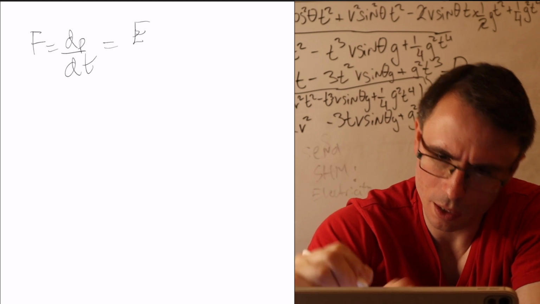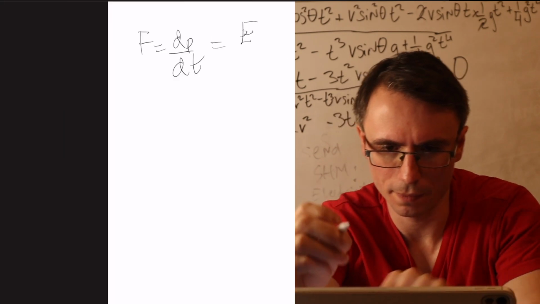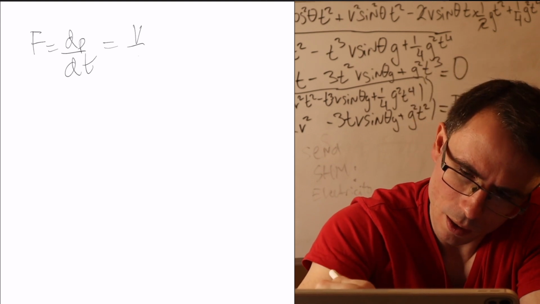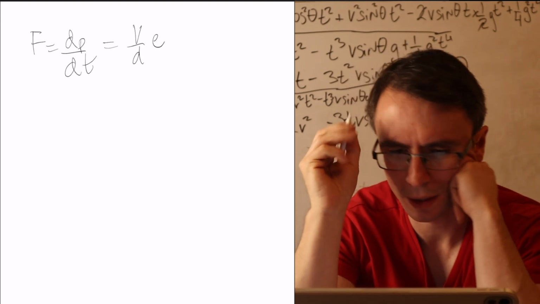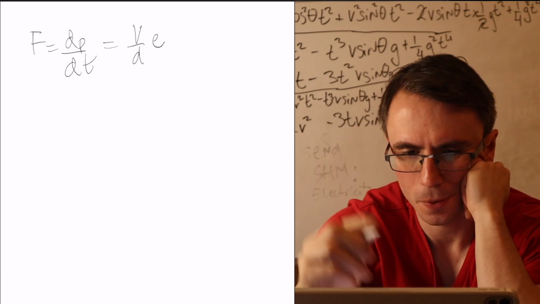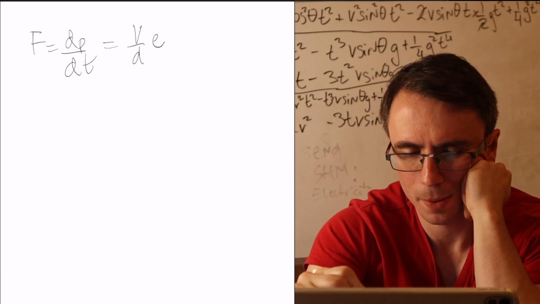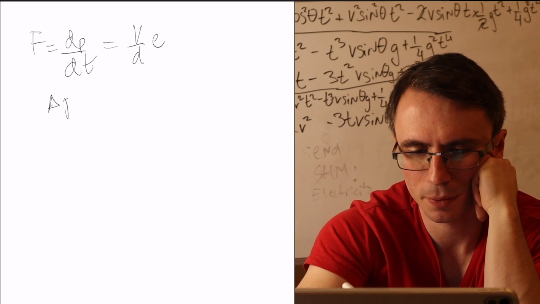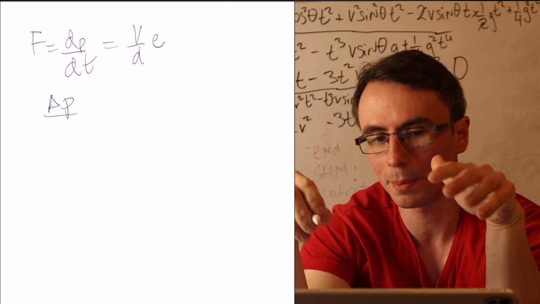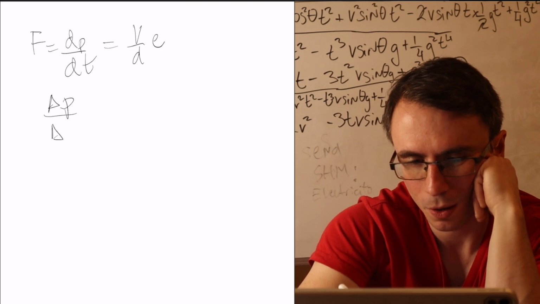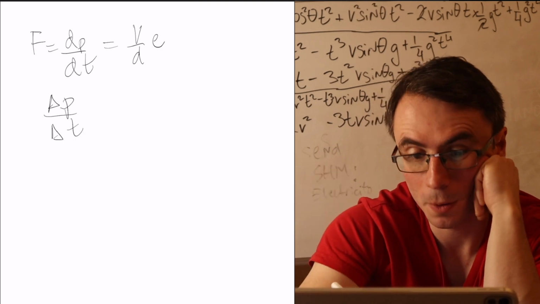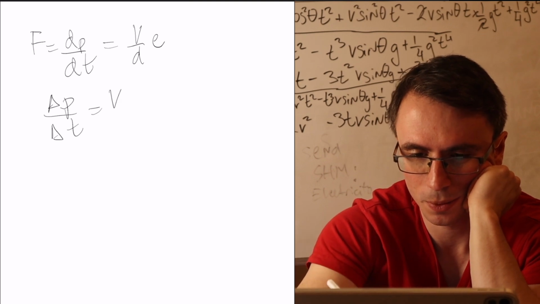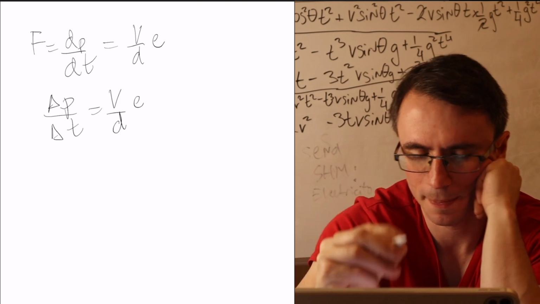It was V over d multiplied by e, like that. Okay, so we can probably figure out the time over which this happens if we just say that the total change of momentum is something. Almost like a normal high school problem. Delta p over delta t is going to be equal to V e over d.